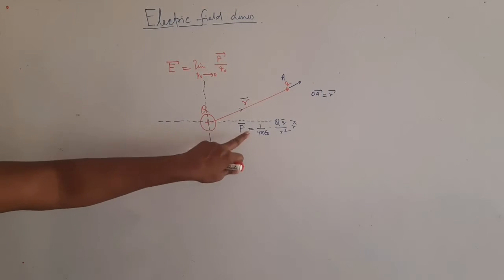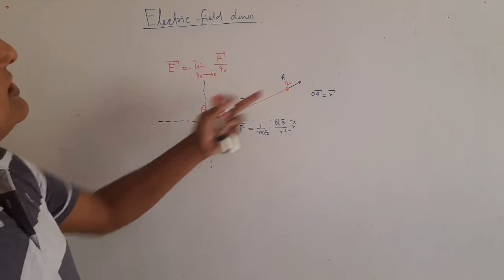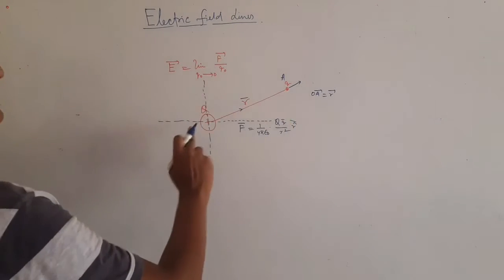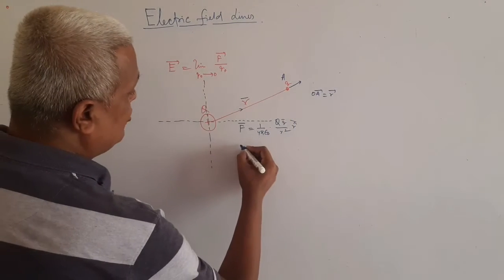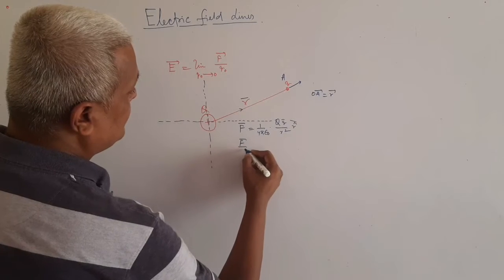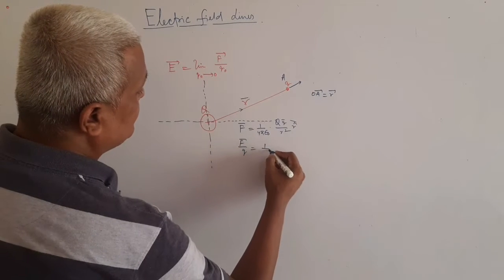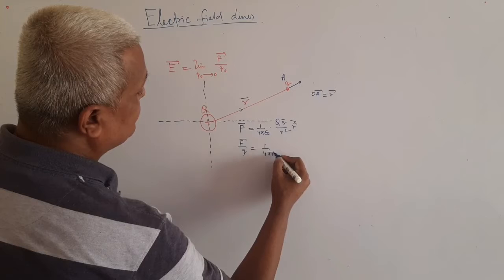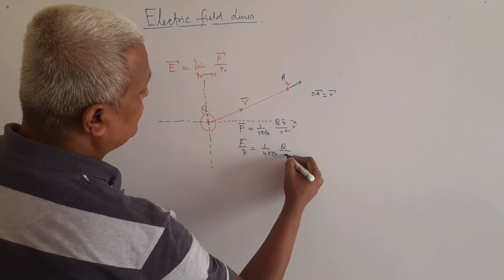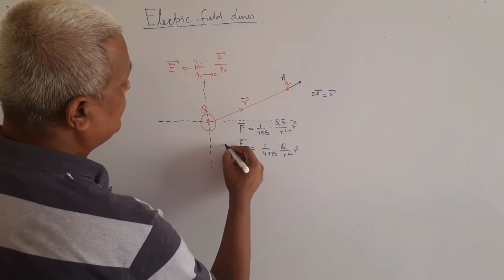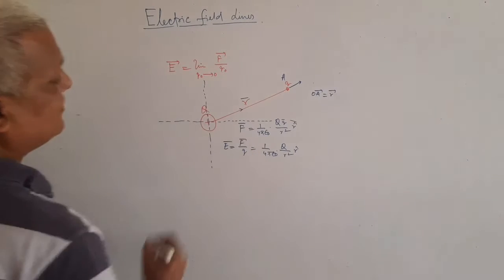So the force acting here is in this direction. Now the force per unit charge is 1 upon 4 pi epsilon naught Q over R square R cap. This is your electric field.